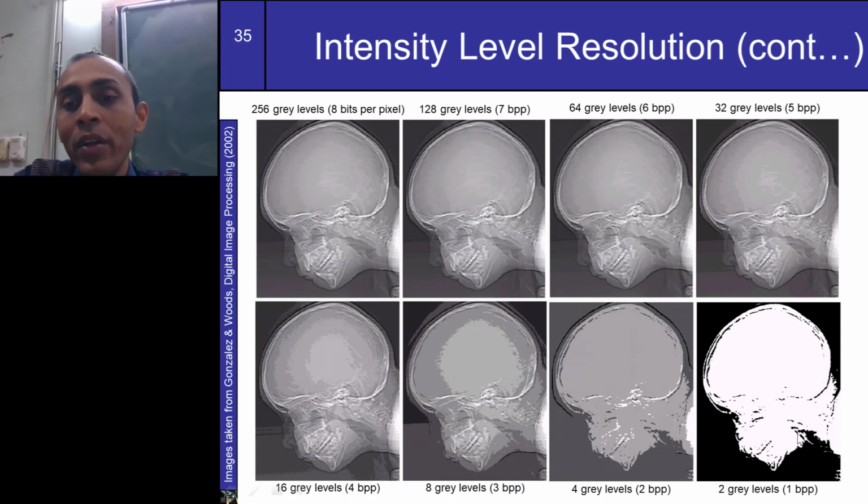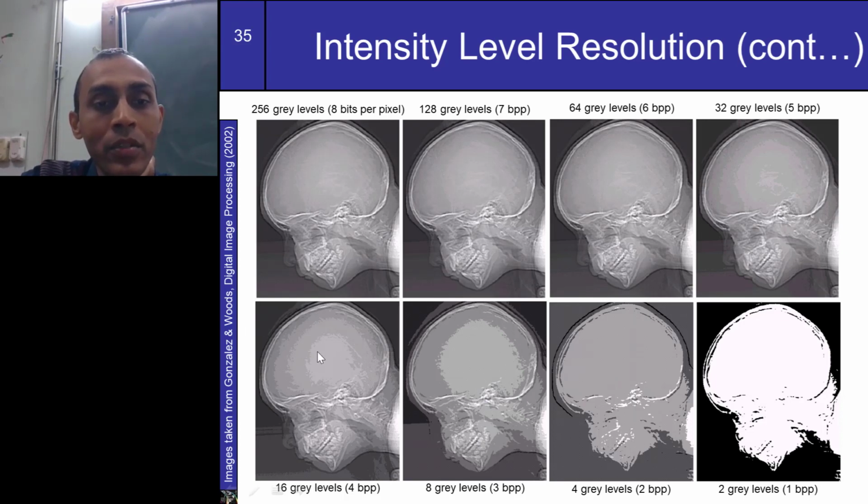So we can see there are only two levels here, either 0 or 1, black or white. As we move towards the higher level, when we're using 8-bit pixels, this image has 256 different gray levels. And you can see the details getting lost as we move from 256 to only 2 levels.